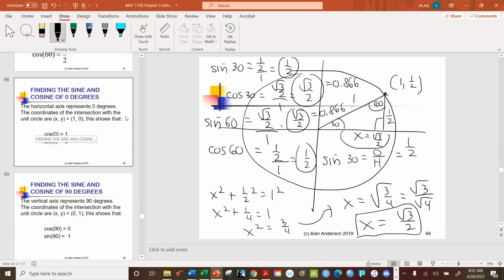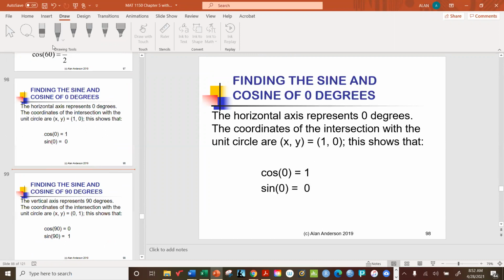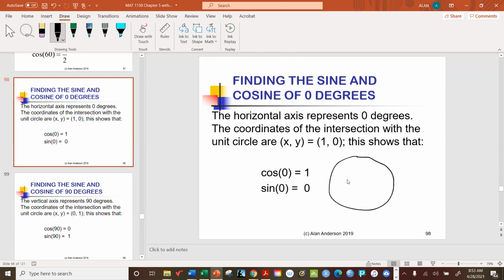Okay, now keep in mind, we're still doing a unit circle. And so, what do we do with 90 degrees? Well, keep in mind that with the circle, 0 degrees is actually the horizontal axis. Okay, 0 degrees means that we're on the horizontal axis.